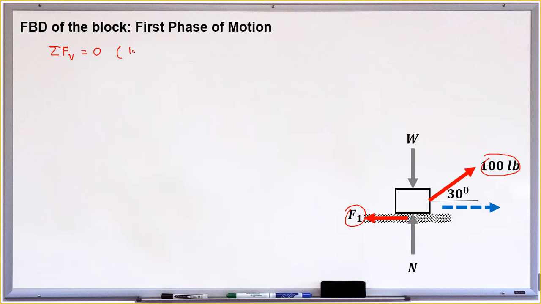We take positive if upward. So the upward forces are the normal force and the vertical component of the applied force. The 100 pounds has a vertical component upward, and that is P sine 30.